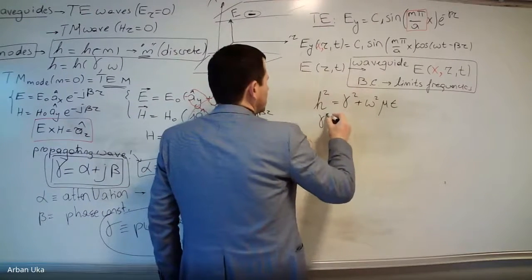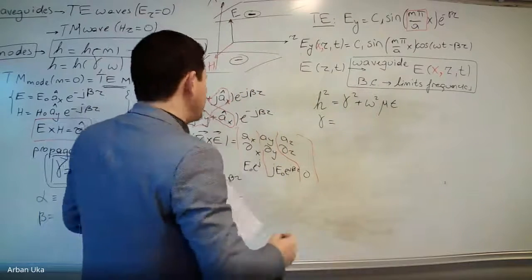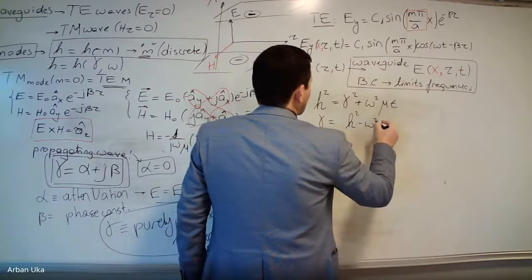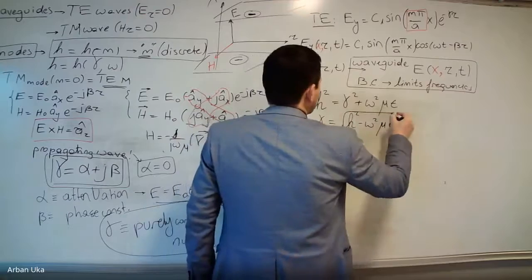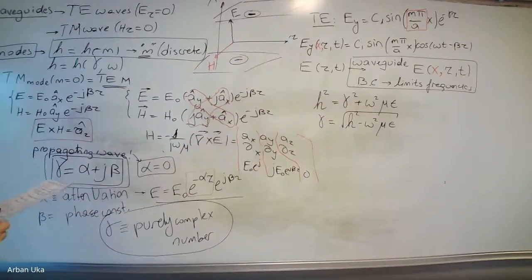So here we have that gamma is equal to the square root of H squared minus omega squared mu permittivity. And this expression is valid for both the TM and TE waves.